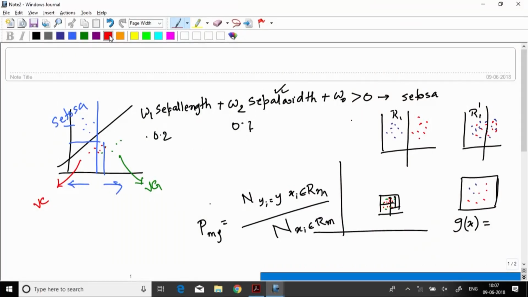Red. So what is the amount of misclassification you are doing here? It is 1 minus the fraction of the majority class. There are 9 nodes in total, so 9 minus 3 by 9, or you can say 6 by 9, right?